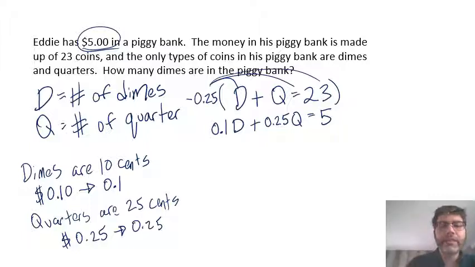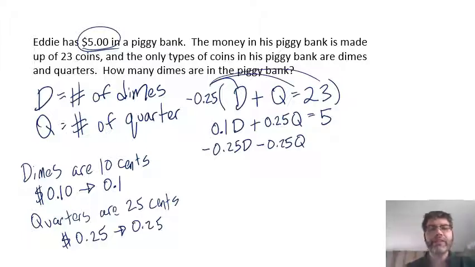Negative 0.25 times D is negative 0.25D. Negative 0.25 times Q is negative 0.25Q. And then negative 0.25 times 23, this is where our calculator comes in handy, is going to be negative 5.75.